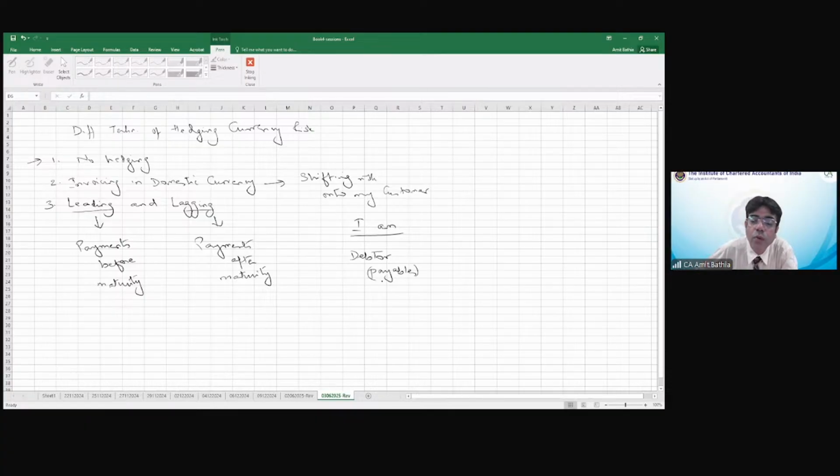Now let us understand what happens to the foreign currency vis-a-vis your local currency, and as a result, how it has an impact on the approach I will use between leading and lagging. So I am a debtor, and I have payables in my book.